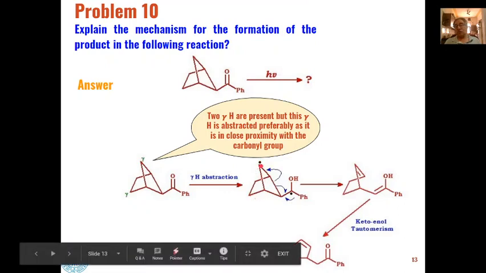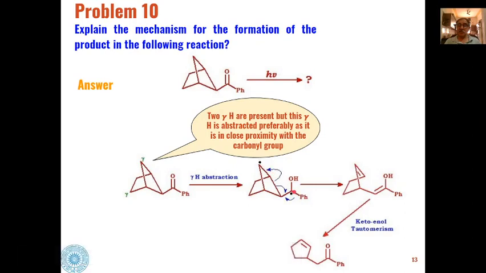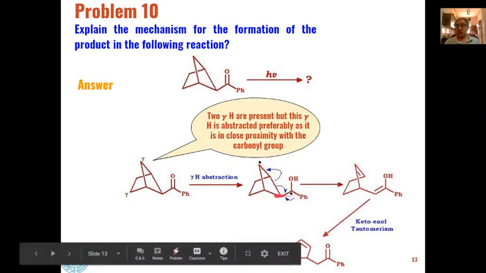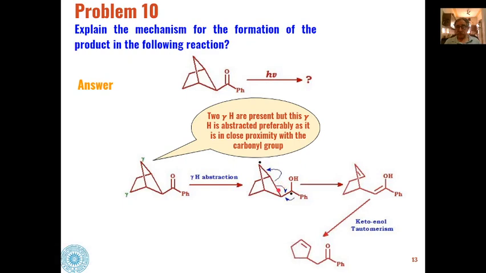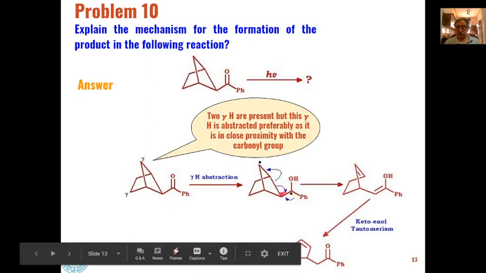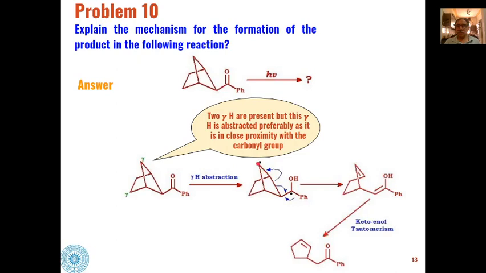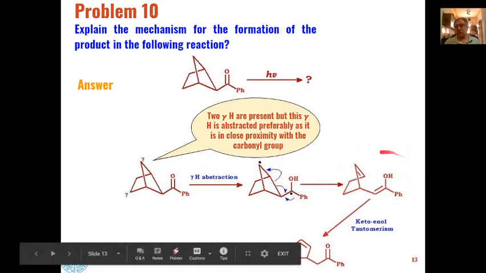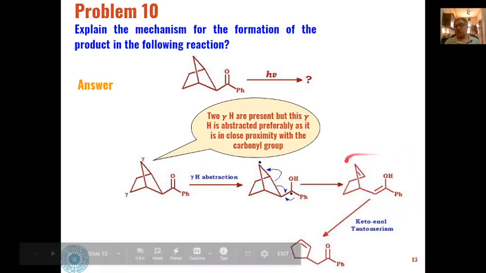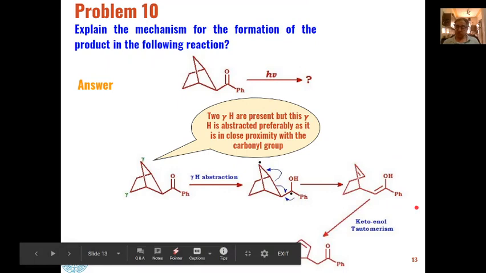So after gamma hydrogen abstraction, we will get this type of biradical, and then breaking of this carbon-carbon bond, one electron from here will go to this place, one electron from here, this will create a carbon-carbon double bond. So this type of intermediate will be formed, and if you see the structure, this is an enol.